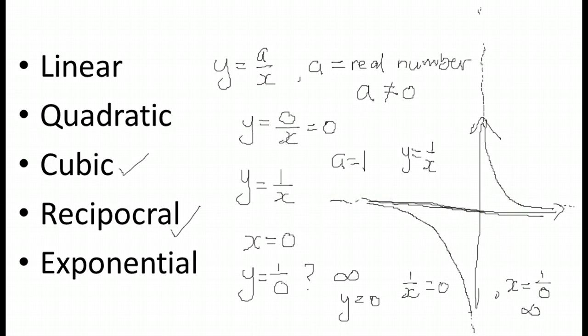Suppose we have the graph y equals 6 over x. We know that this will be a reciprocal graph. Suppose we are given that x equals 1.5.